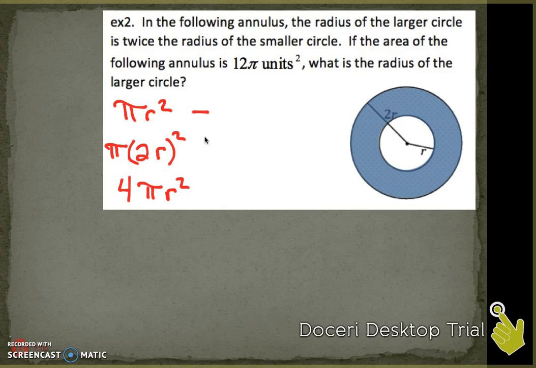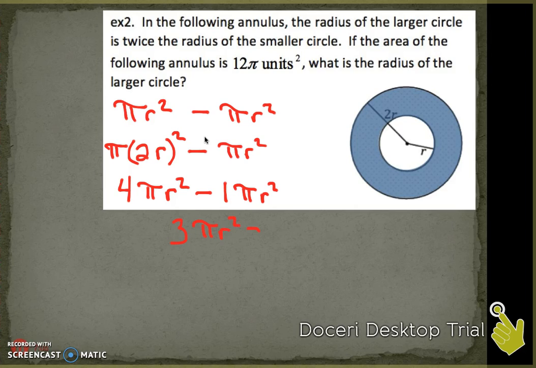From that, I am subtracting the inside circle, which is just pi r squared, because the inside radius is just r. So that's going to be minus pi r squared. And just for the heck of it, I'm going to put 1 pi r squared there. So if I subtract those, that's 3 pi r squared.